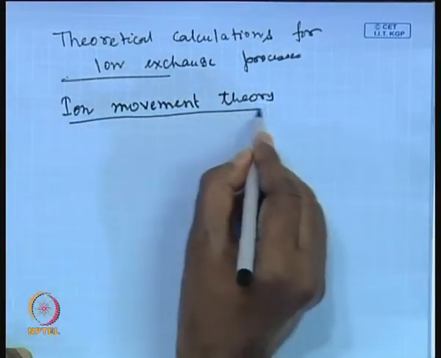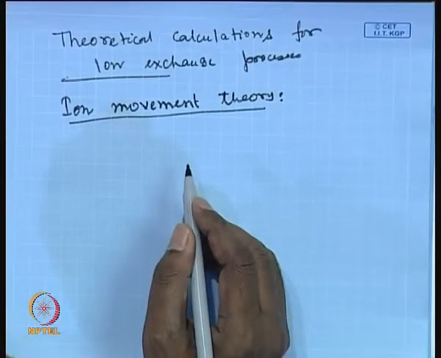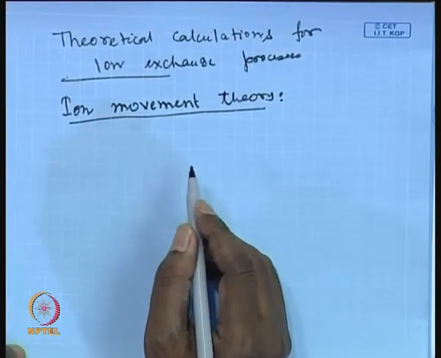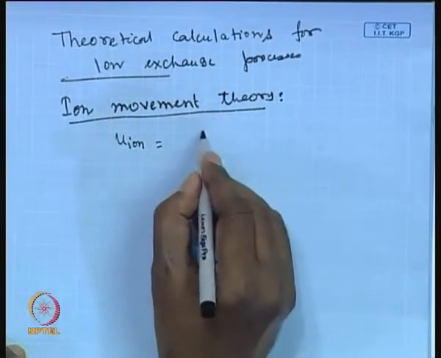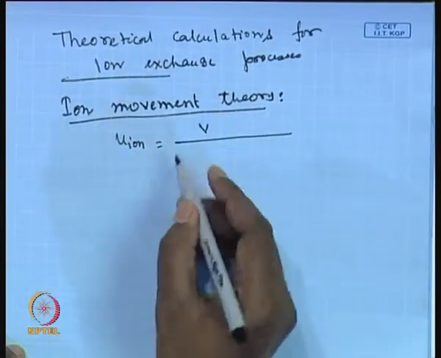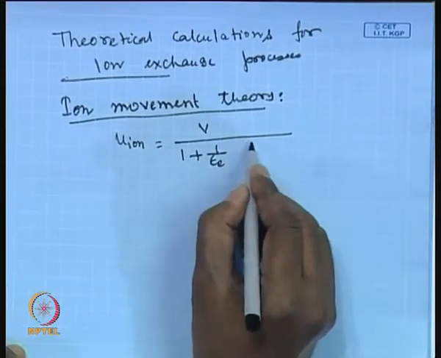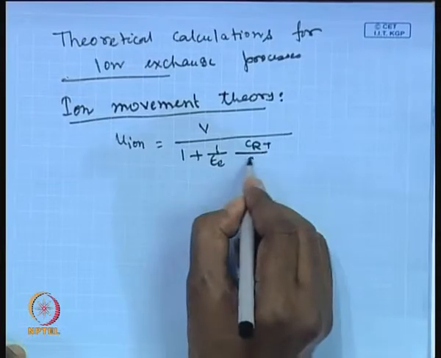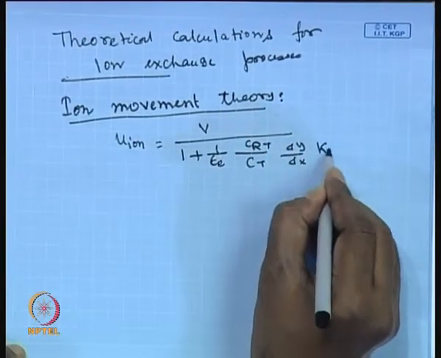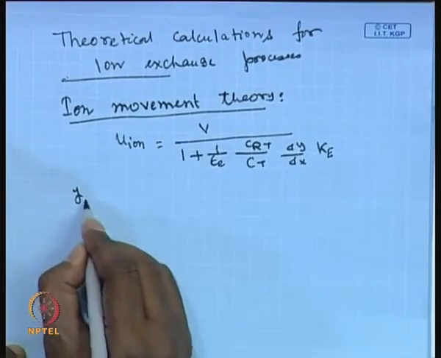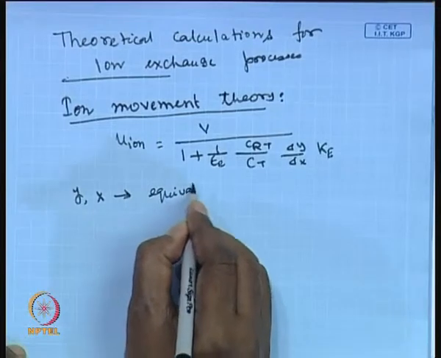The ion movement theory will be almost similar to the chromatographic velocity form that we have calculated for the chromatographic column, and the ion movement velocity will be related as V divided by 1 plus 1 over epsilon E C R T divided by C T delta y by delta x times K E, okay, where y and x are equivalent ion fraction.